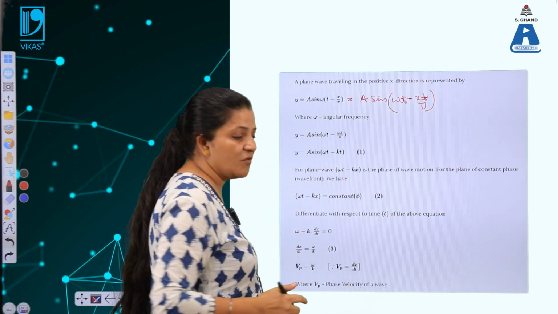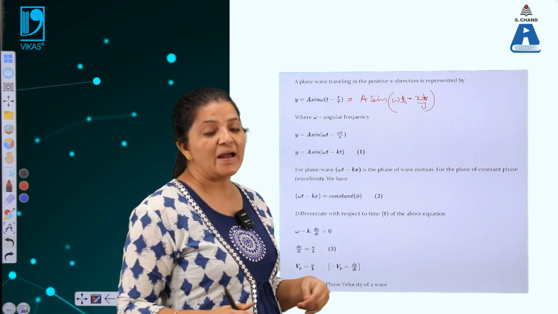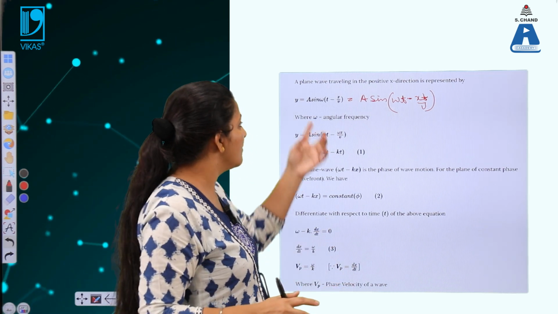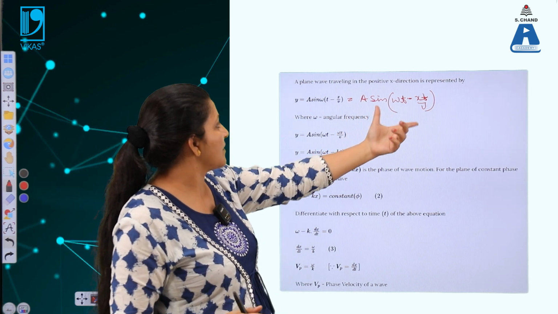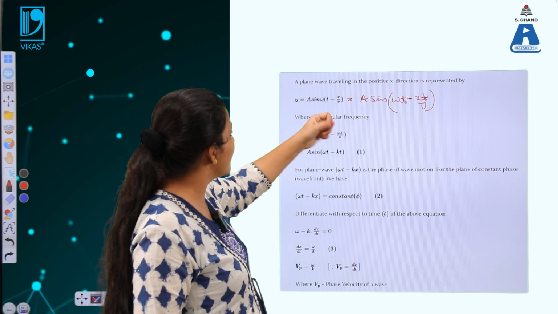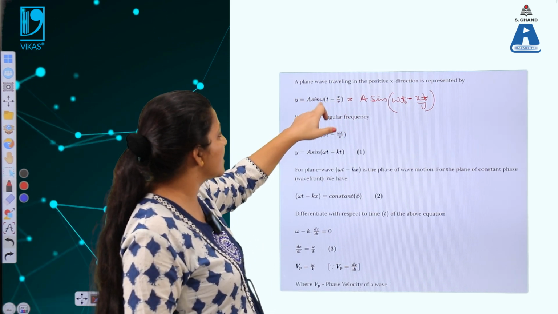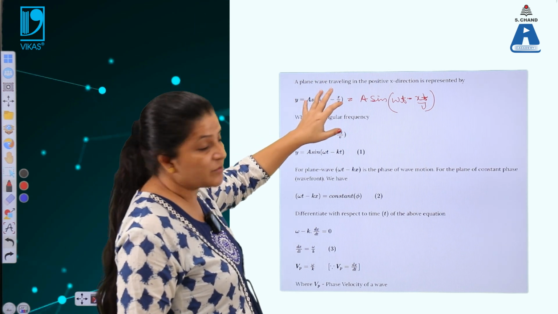A wave can be represented by two components, the phase and the amplitude. Combining these two, the wave is represented as A sin(omega t minus kx by v).